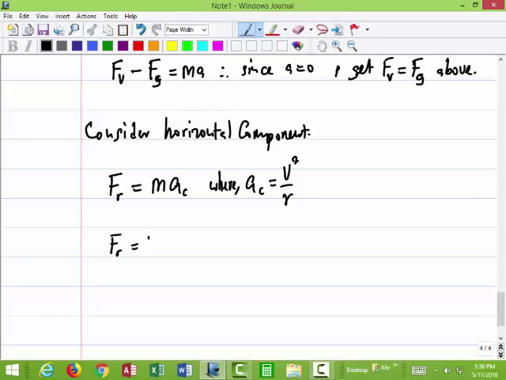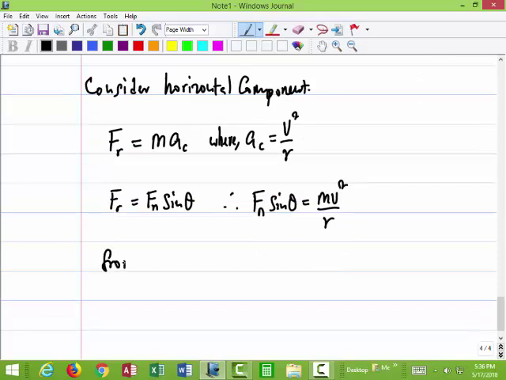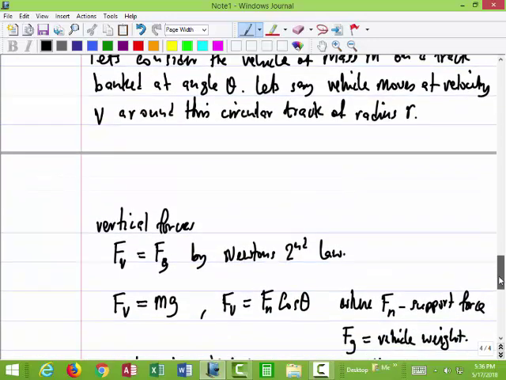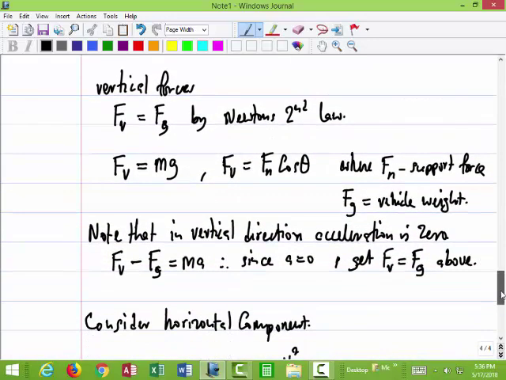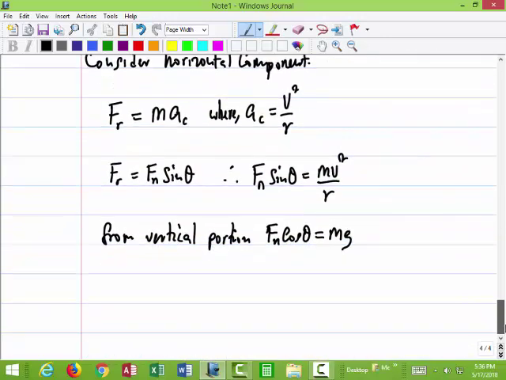Fr is equal to Fn sine theta. Therefore, we can say Fn sine theta should be equal to mv squared over r. And from the vertical portion, we know that Fn cosine theta is equal to mg. This is what we found over here. Fn cosine theta is equal to Fg.